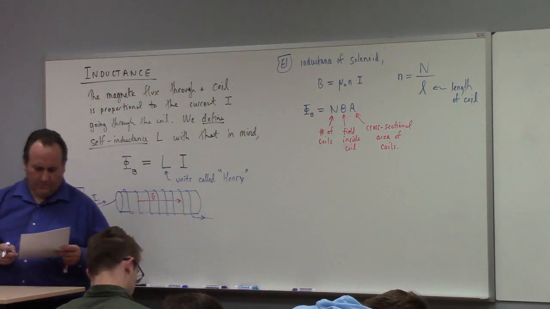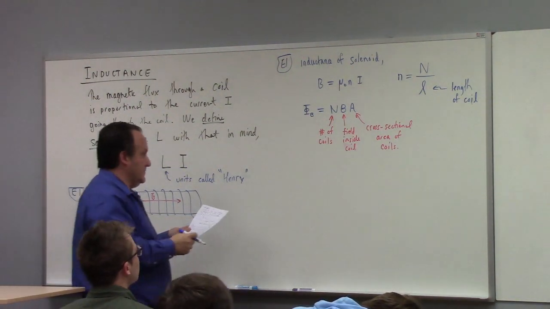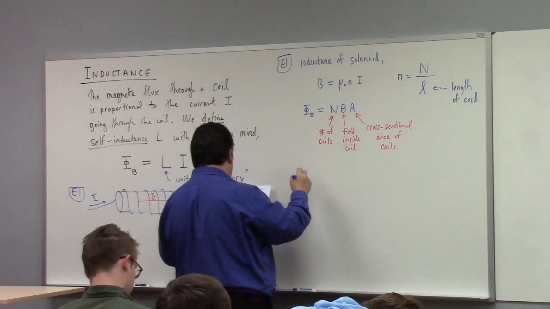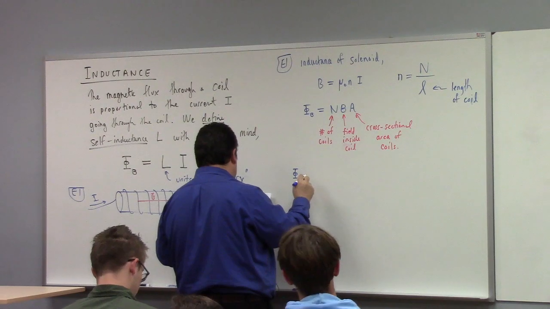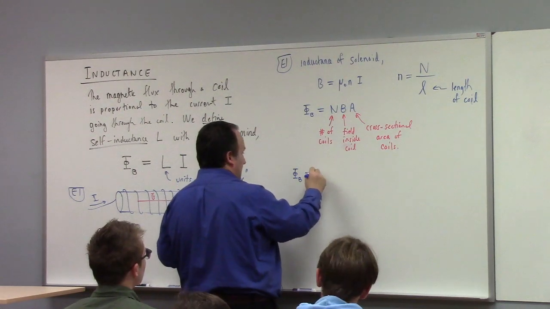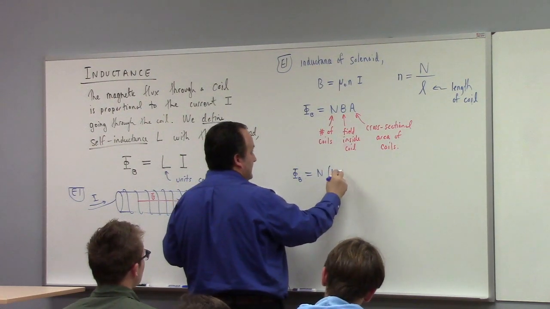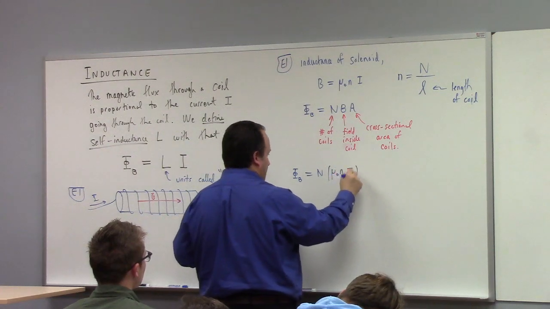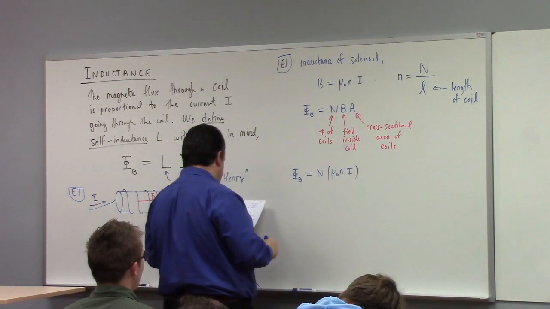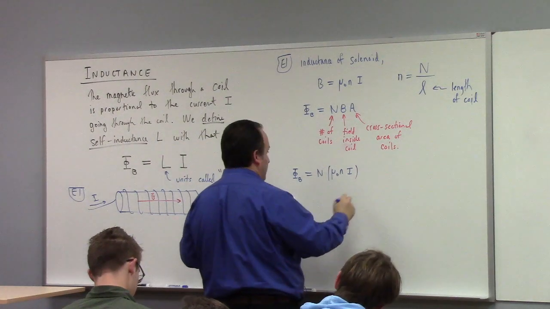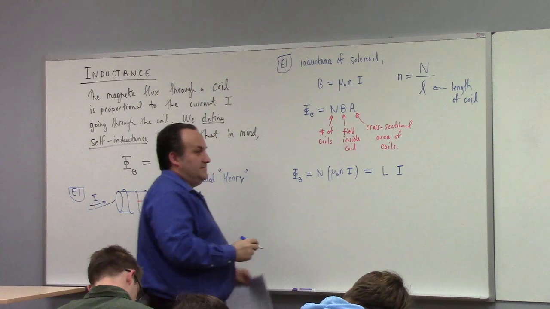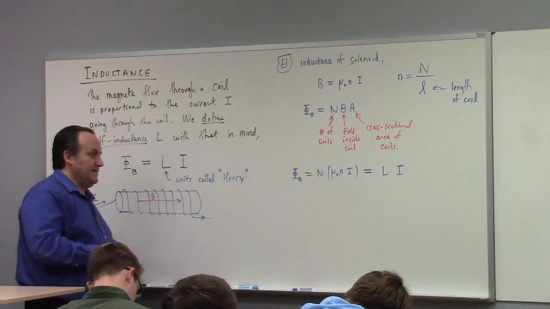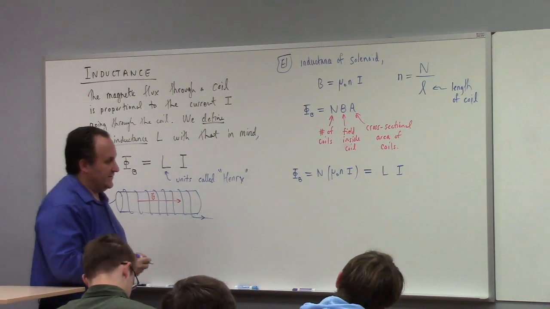All right. So let's put it all together. We've got the magnetic flux phi B is equal to N times mu naught little n i, which of course by definition is equal to L times I. So I can solve this for L. What do I get?